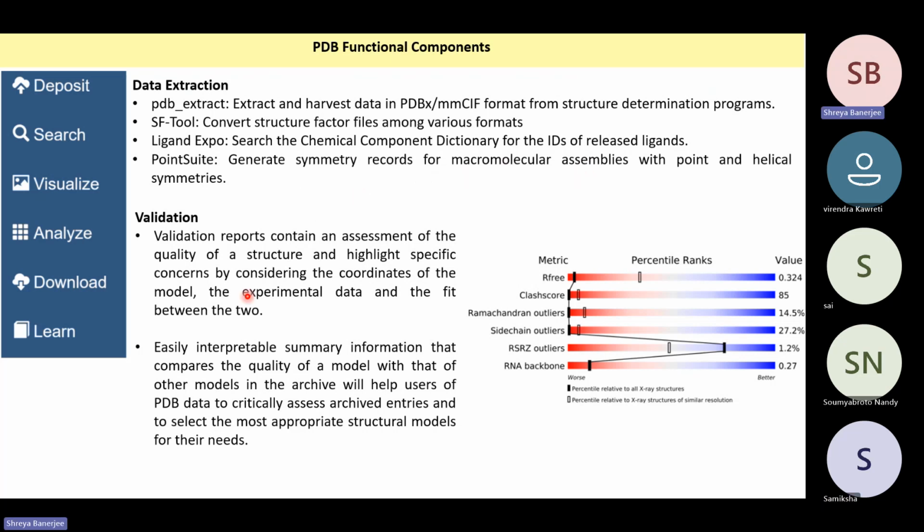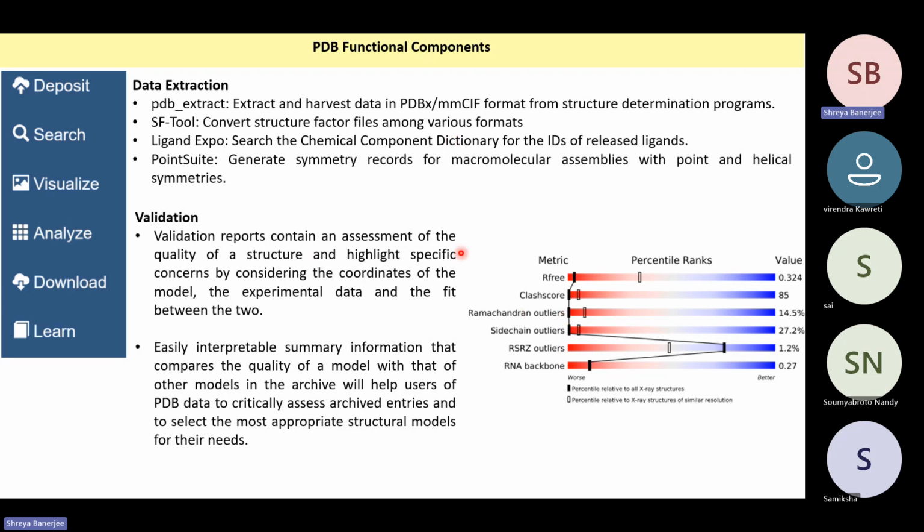Now, when you deposit any structure, it has to be validated before it is accepted into the Protein Data Bank. You submit a structure, and the software checks its quality and highlights any problems. Suppose there are Ramachandran outliers. What does that mean?